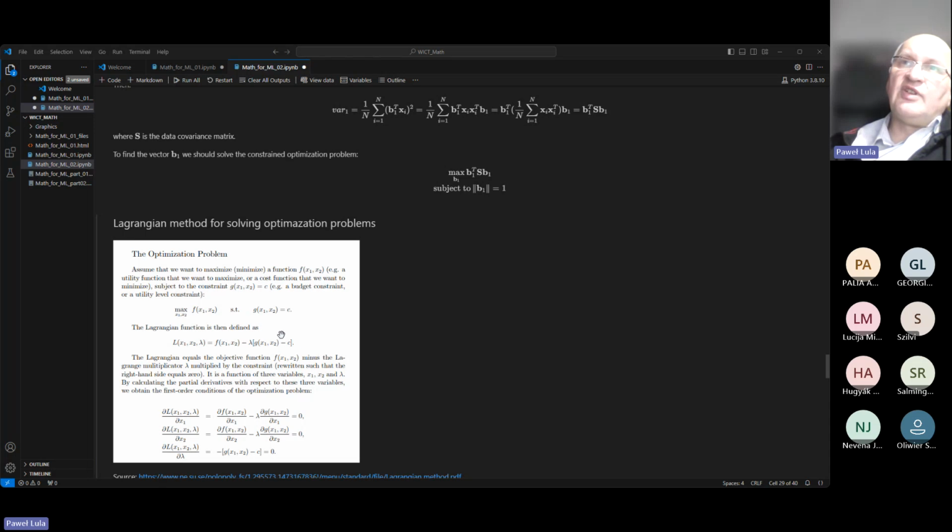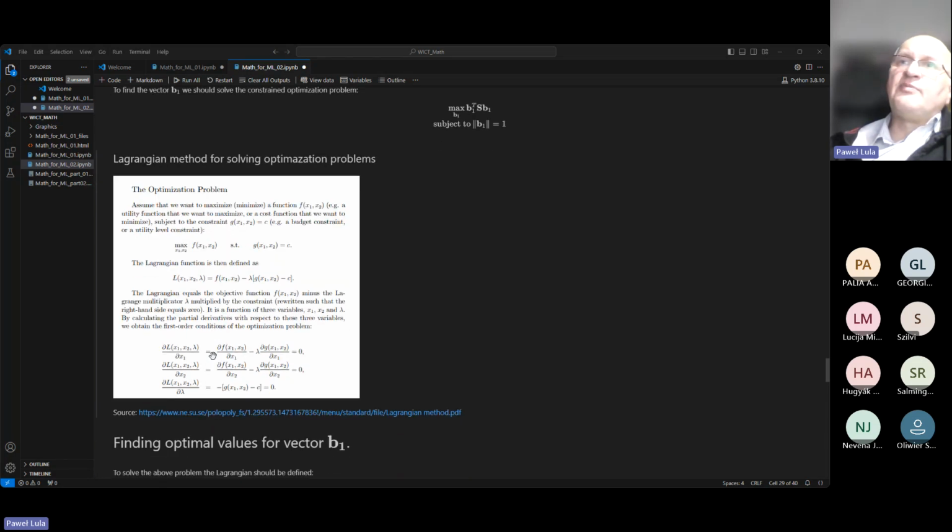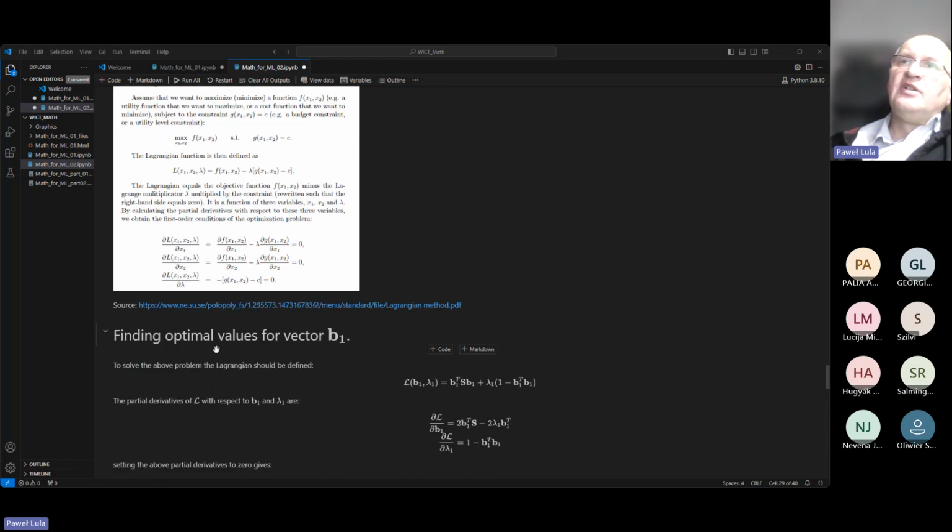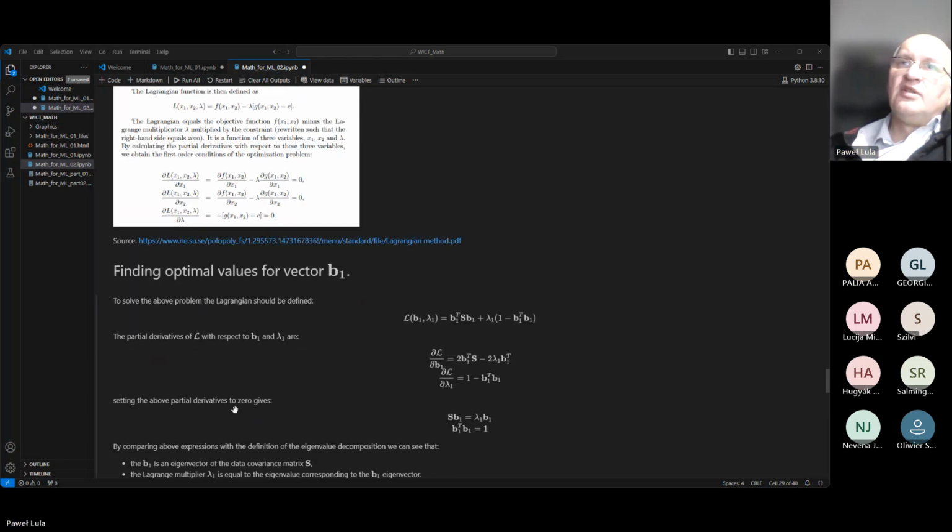This function is called a Lagrangian, and to calculate first derivatives with respect to every parameter. We have here two parameters, b and lambda, and we should assume that these derivatives are equal to 0. It is a general approach.